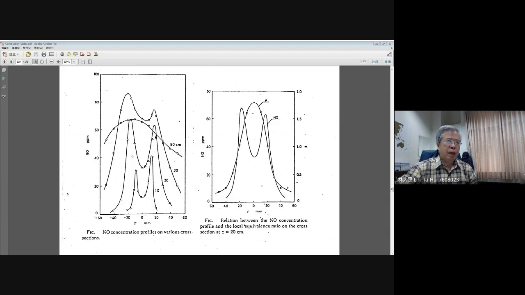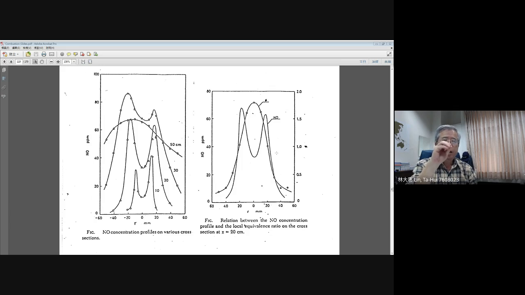Okay. And they pick one, for example X equal to 20 centimeters, pick this NOx distribution curve, and estimate the equivalence ratios at these conditions. And you can figure out here that the occurrence of the maximum NOx concentration is very close to the equivalence ratio equal to 1, okay, for both sides. And this confirms that thermal NOx is actually controlled by the temperature.